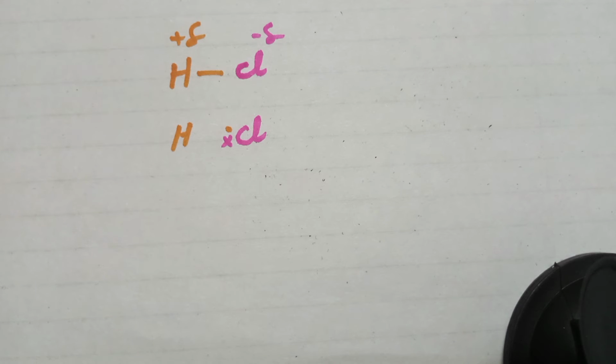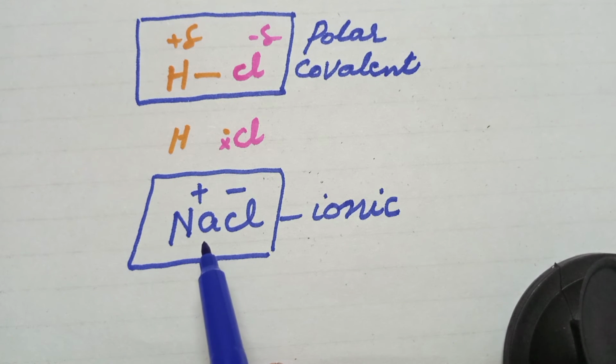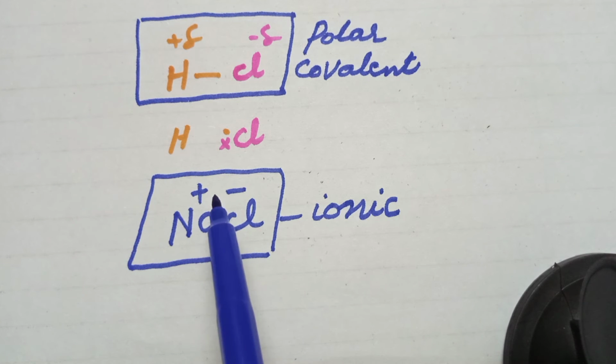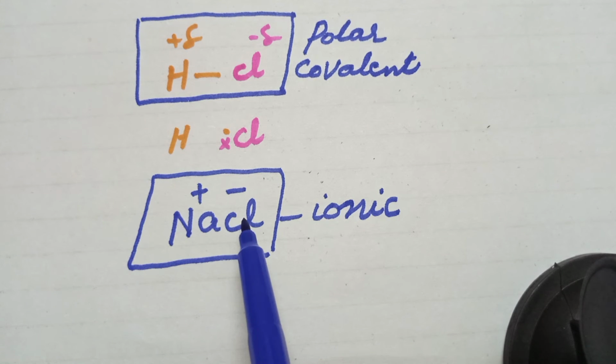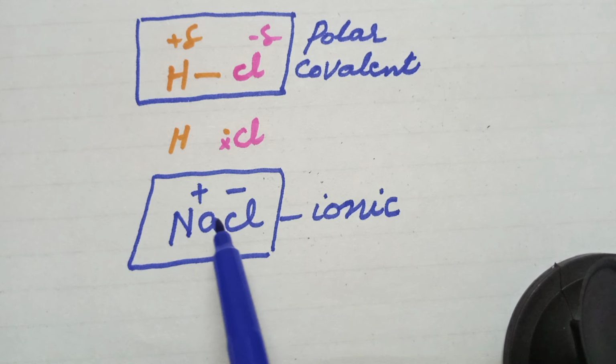Partial means to some extent. It's different from the ionic bond because in the ionic bond the chemical bond is formed due to the complete transfer of electron from one atom to another. As we repeat here the example of sodium chloride, in ionic compound, the transfer of electron from one atom to another takes place, and this transfer is complete, as the one electron from sodium is transferred completely to the chlorine atom.